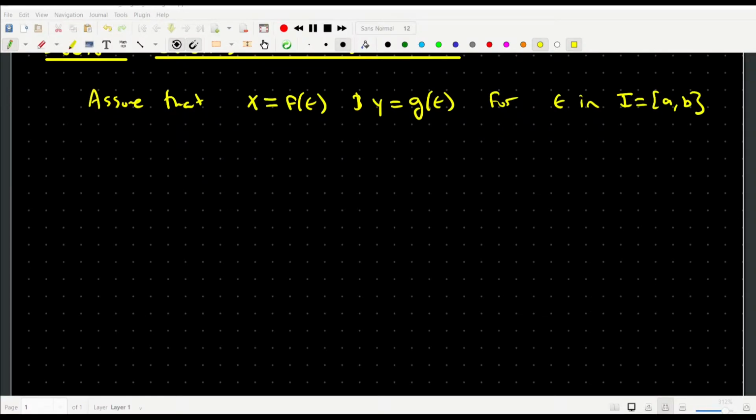The first main result that we have is if these two functions f and g are differentiable, we can directly go through and actually use what we know about the chain rule to figure out what the derivative of y with respect to x is in terms of the parameterization.